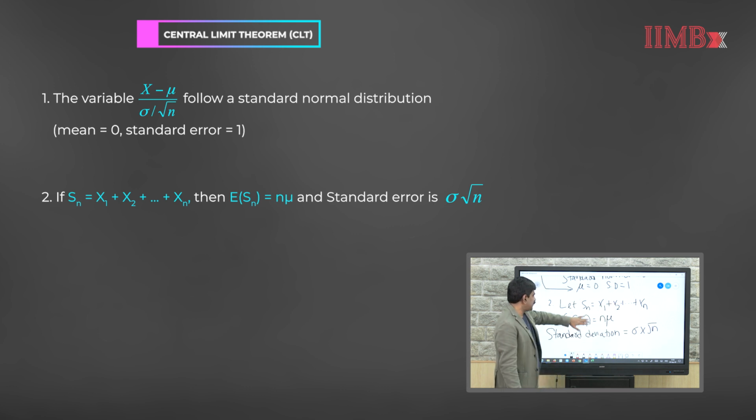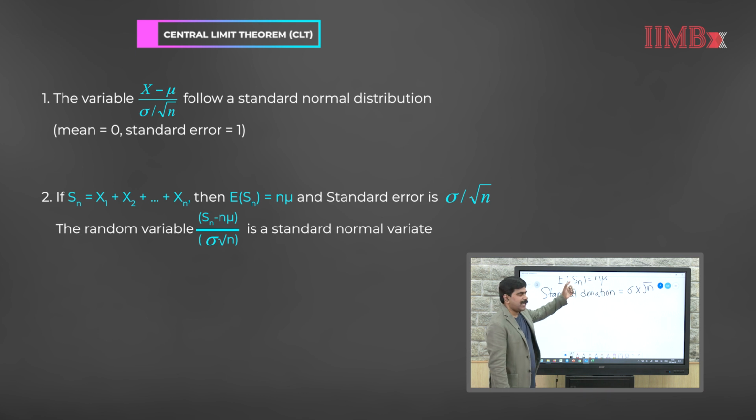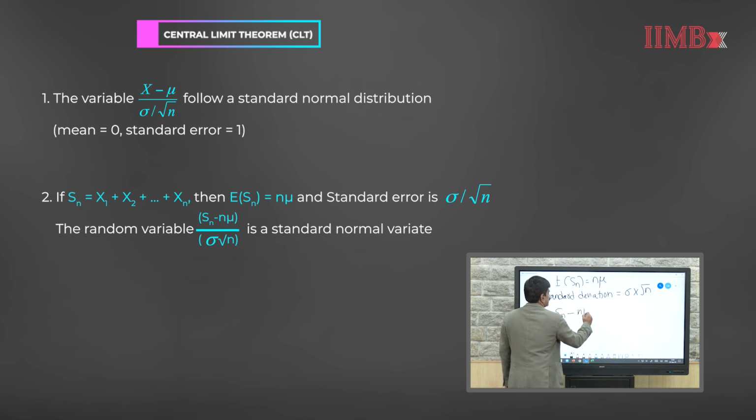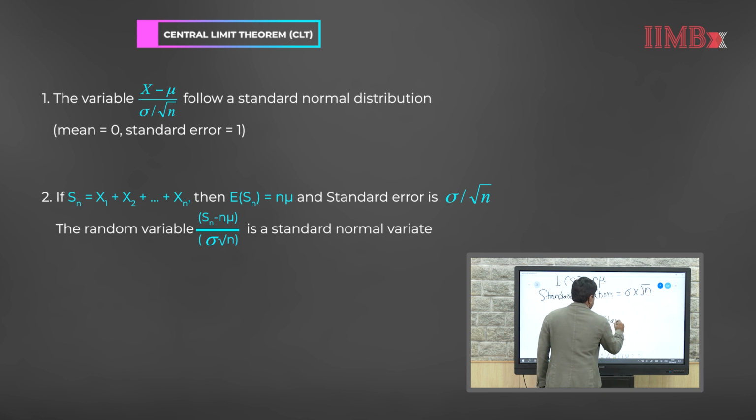Now, once we have this structure, we can again define that for the random variable which is summation of n random variables, the statistic Sn minus n times mu divided by sigma times under root n will follow a standard normal distribution.